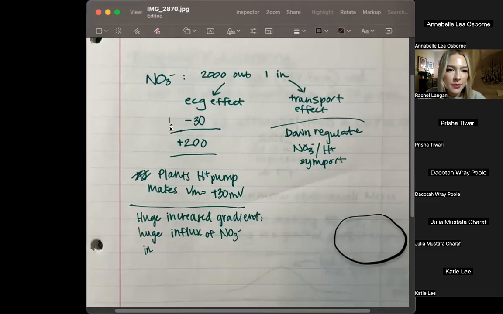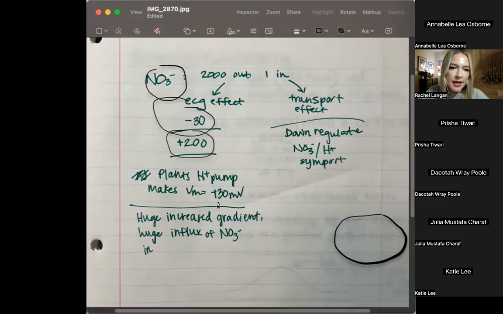This is the equilibrium potential of the inside of the cell. So this is what this ion wants the membrane to be at. And this is the actual membrane potential, negative 130. So both of these are more positive than this one. So nitrate wants to be at a more positive value for both of them.